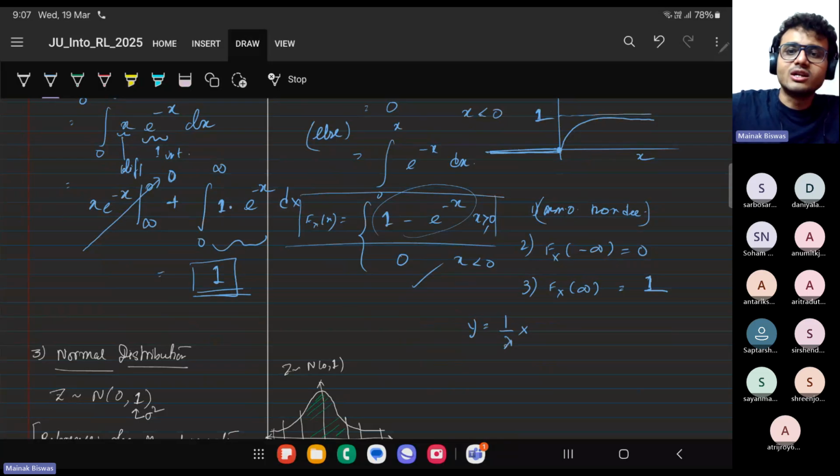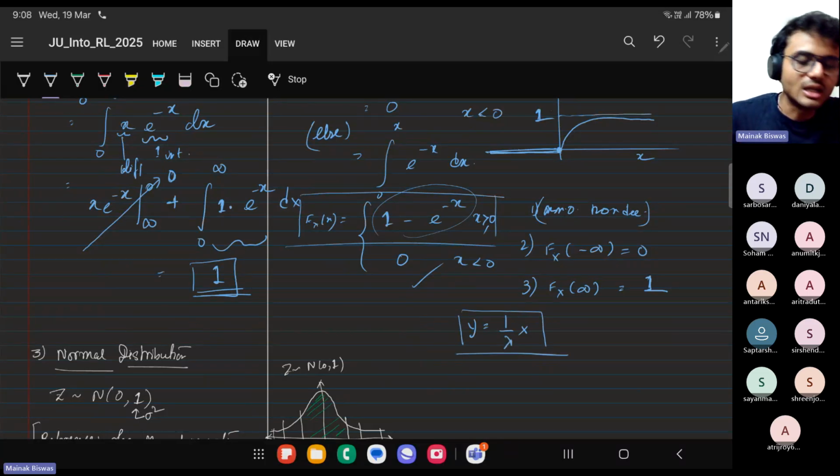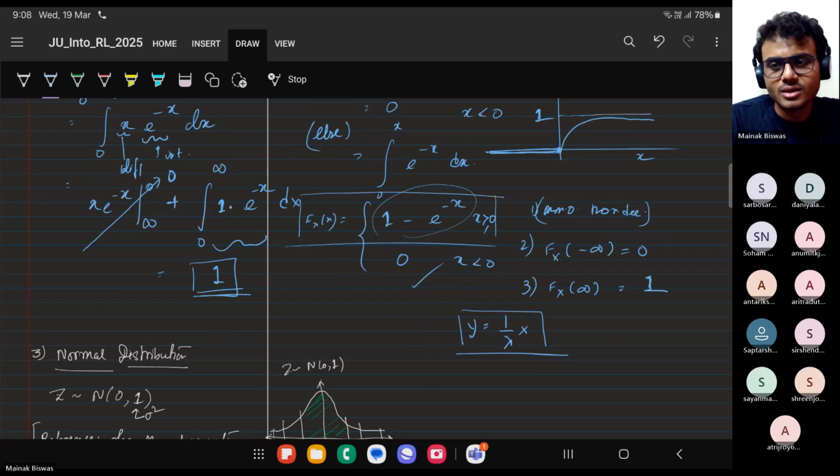Now you tell me if you understood the intuition behind the exponential. If your lambda is higher than 1, what does it mean? Are you expecting the thing to arrive faster or slower?